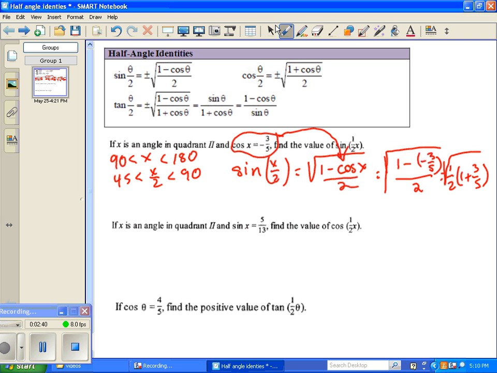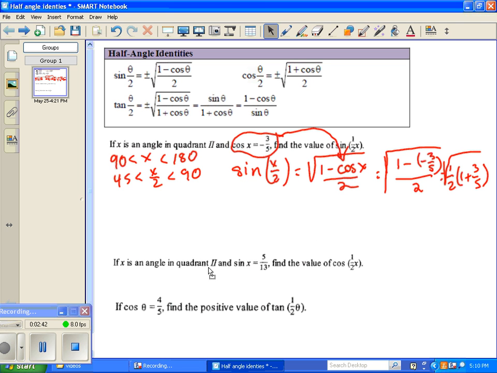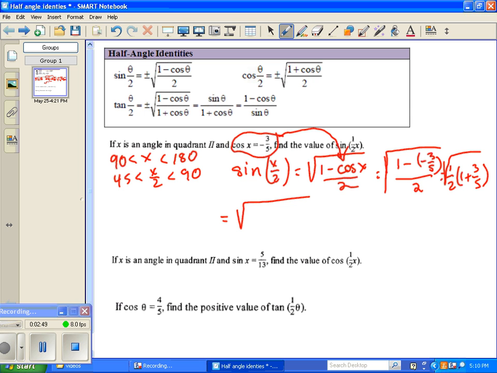So let's simplify this. The square root of 1/2, and in the square root, 1 is the same as 5/5 plus 3/5. So we have 8/5.